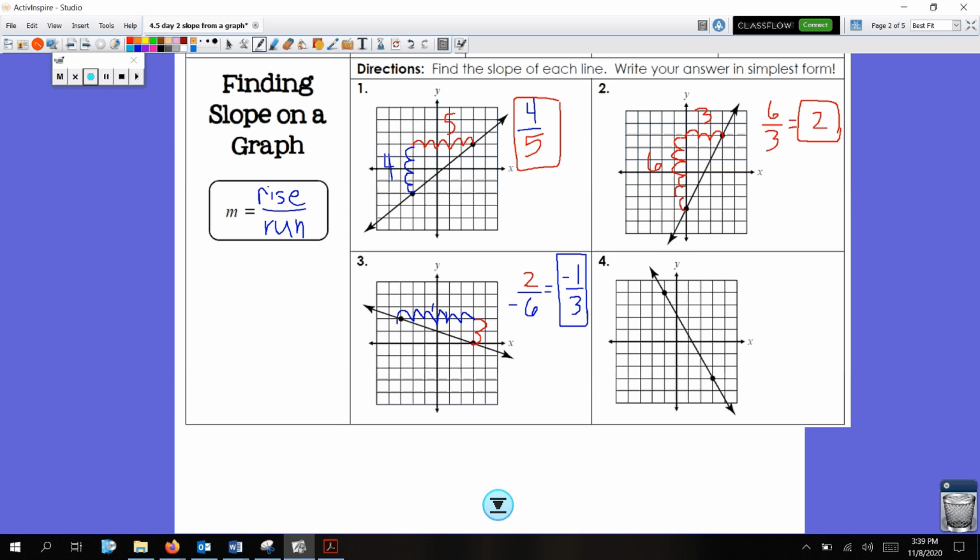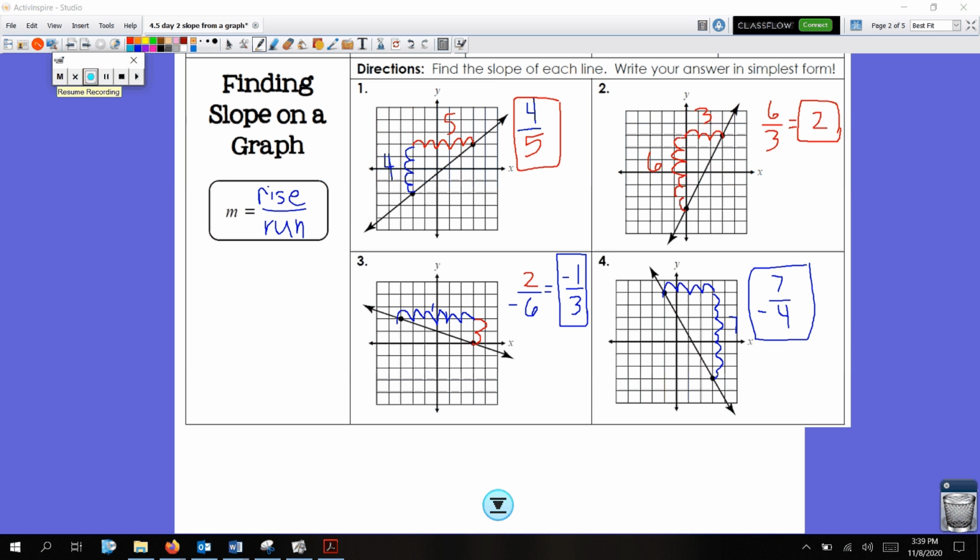So again, 1, 2, 3, 4, 5, 6, 7. So 7 is my rise. And my run is 1, 2, 3, 4. Remember, I ran to the left. That makes this a negative slope. Negative 7 over 4, 7 over negative 4.